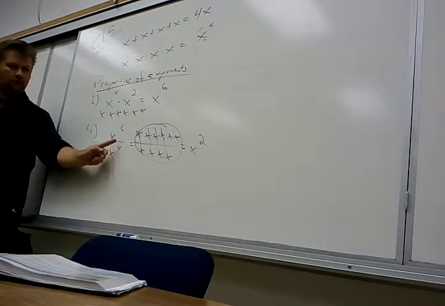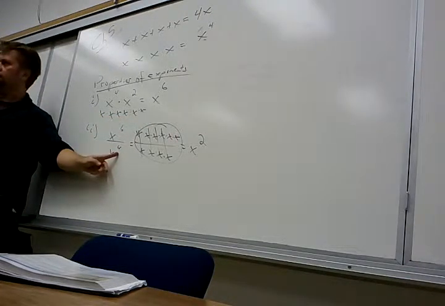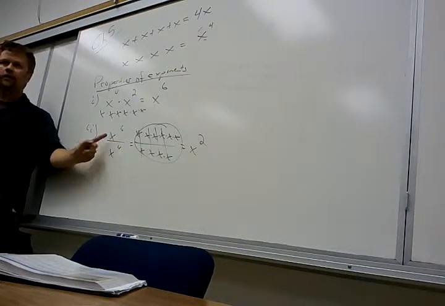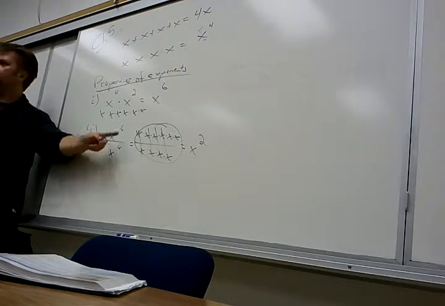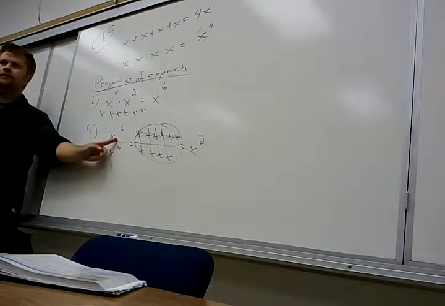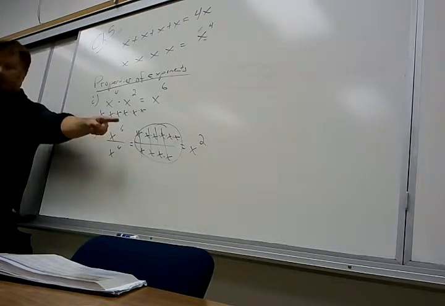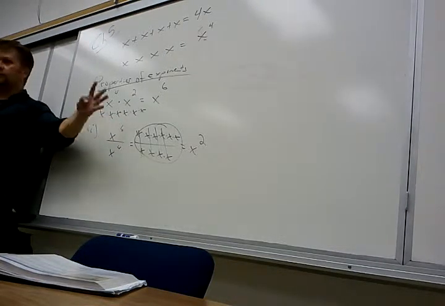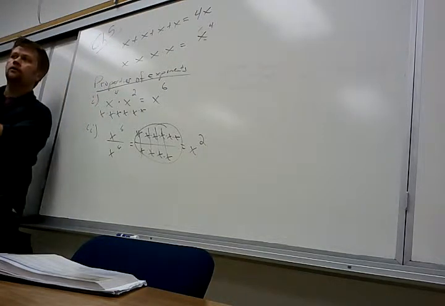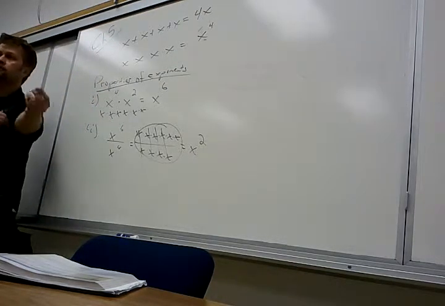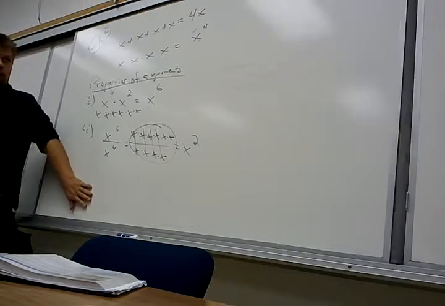Don't put x to the 3 over 2. Do you see where that came from? Somebody reduced 6 over 4. It doesn't say 6 over 4 anywhere in here. It says 6 x's over 4 x's leaves you with 2 x's. 4 of them cancel. How are we doing? Is that cool? Okay.